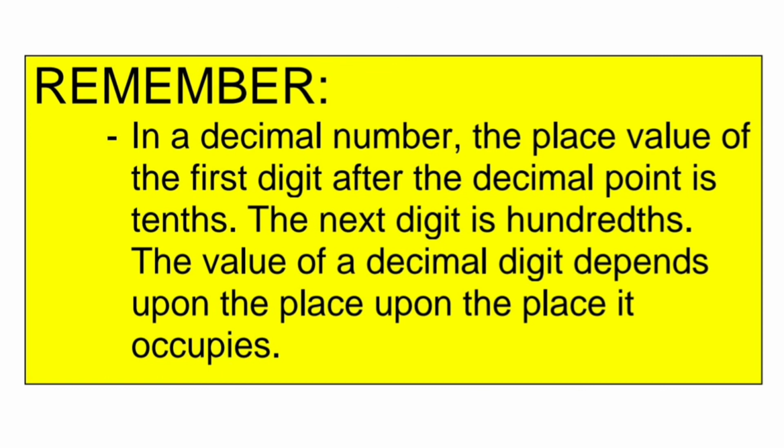So let me give the summary of our lesson today. Class, remember, in a decimal number, the place value of the first digit after the decimal point is tenths. The next digit is hundredths. The value of a decimal digit depends upon the place it occupies.